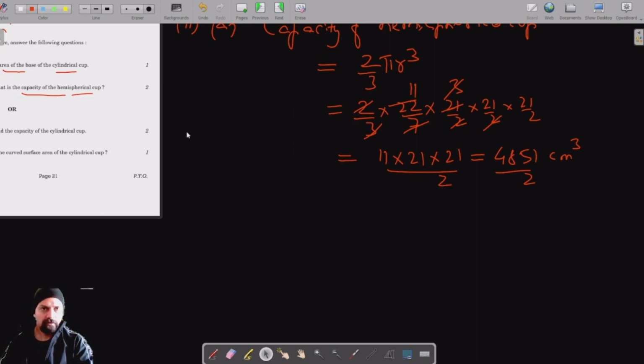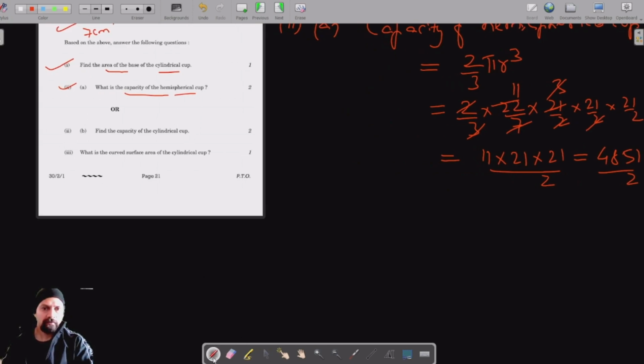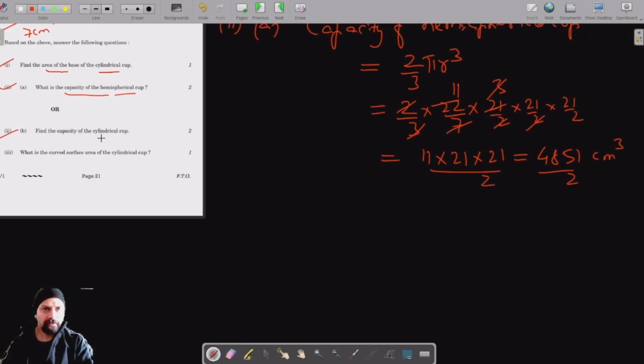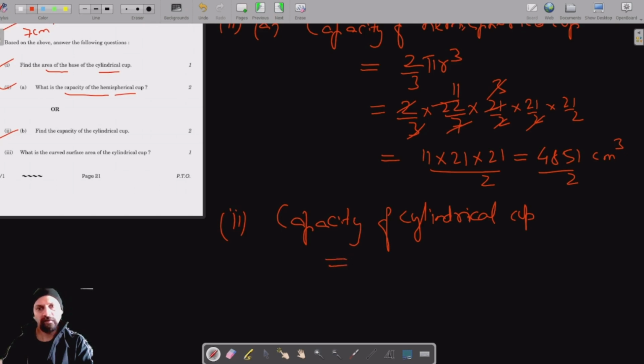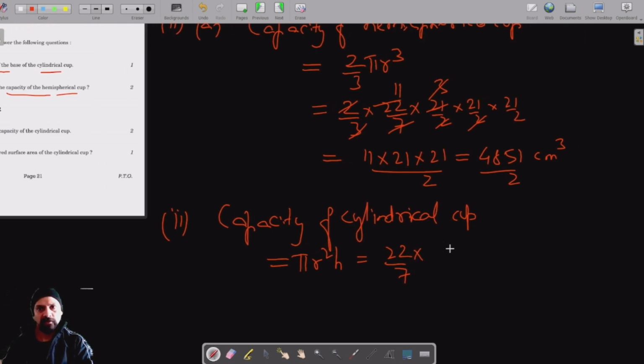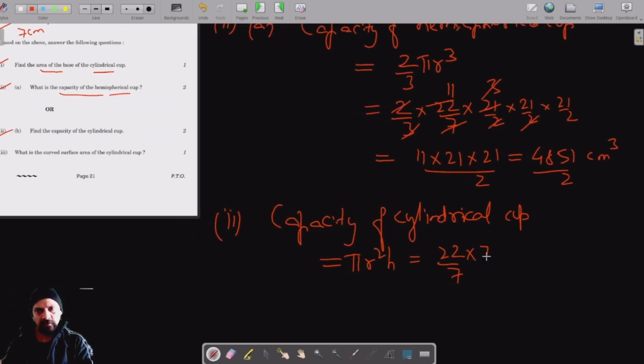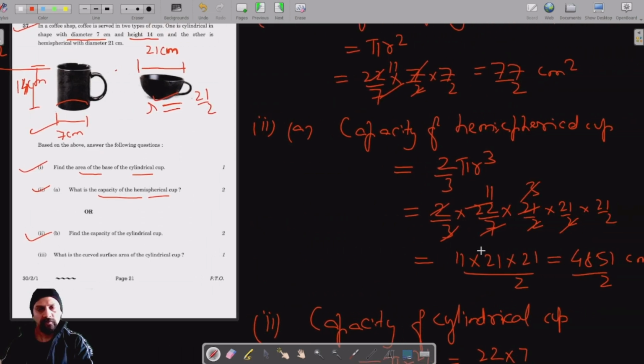Okay, now moving on to the next part, we have to find the capacity of the cylindrical cup as well. Capacity means volume. So capacity of the cylindrical cup is equal to pi r square h, which is 22 by 7 into r square. R is radius, 7 by 2.